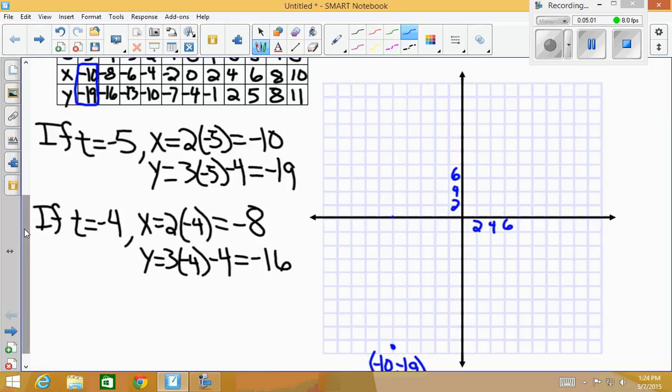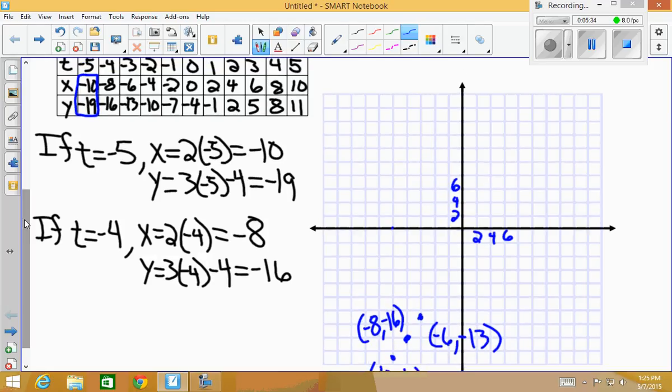Then we can put the other points as well. We keep going. -8, -16. So that would be here. -6, -13. Notice that I happen to be putting these points in order of t increasing.